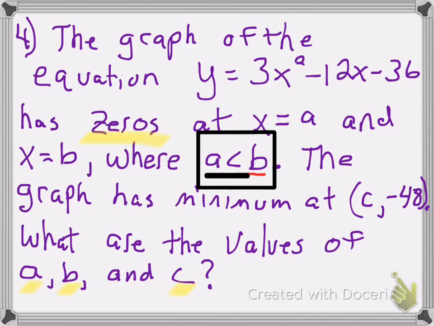All that's saying is a is smaller than b. Now, they didn't say anything about a plotted point version of this. The graph, here's something that we haven't done, but it's really simple. I can't wait to show you. The graph has a minimum at c, negative 48.